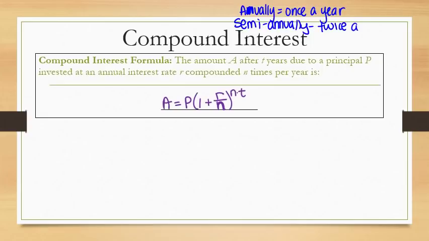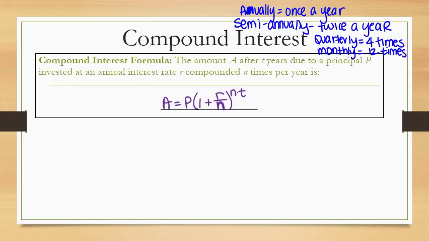I always think of the Nordstrom half-yearly sale. It happens twice a year, the Nordstrom semi-annual sale. If you see it quarterly, that's 4 times a year. Monthly is obviously 12 times a year. So these are the most common compounding times you're going to see.